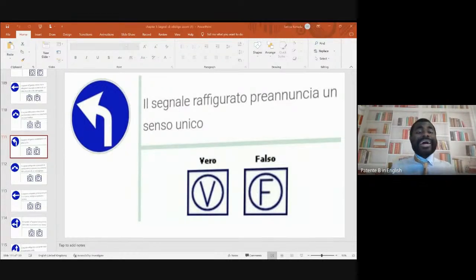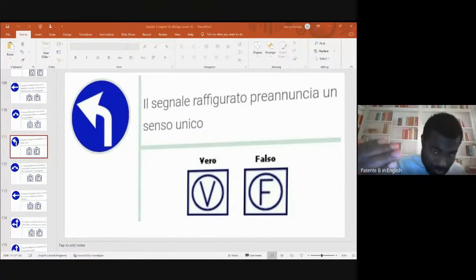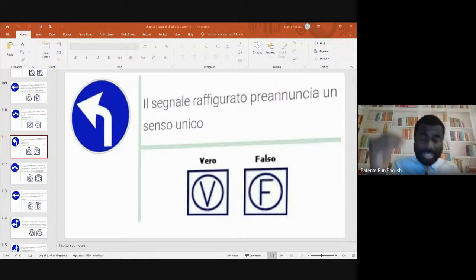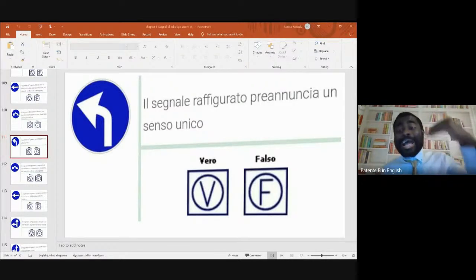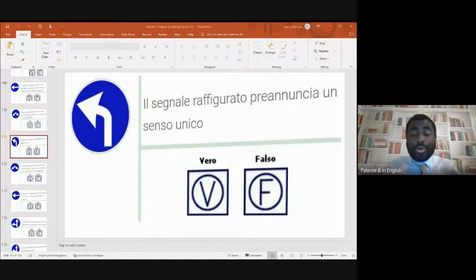Il segnale raffigurato. This sign figure pre-annuncia. It is foretelling that the road or the carreggiata is one-way circulation. No. This one is pre-avviso. It is foretelling you that, look, there is a junction ahead of you. And when you get to the junction, you must turn to your left, and that's all.